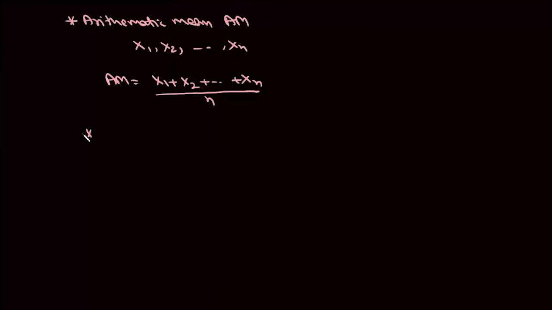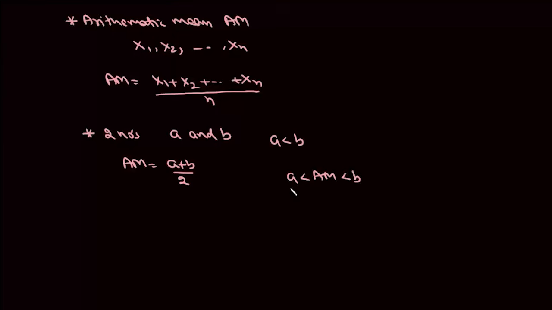So for two numbers, say a and b, the arithmetic mean is given by (a plus b) by 2, and if a is less than b, then we know that the arithmetic mean will lie between a and b.